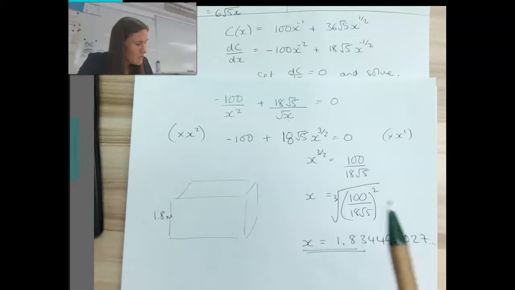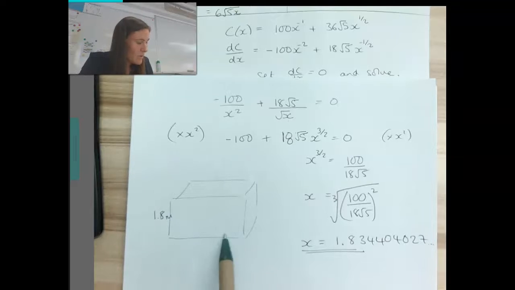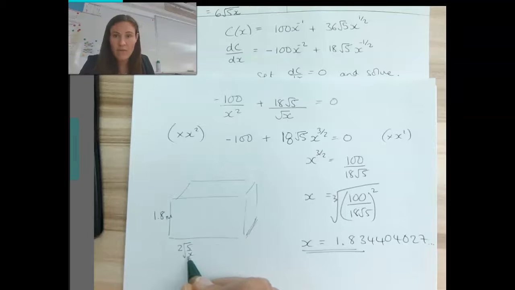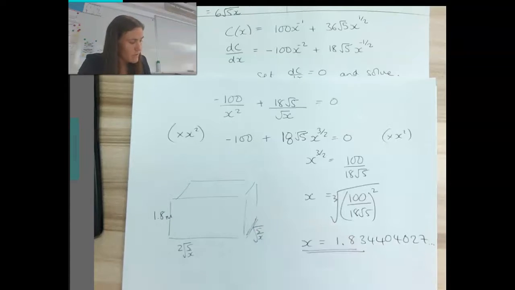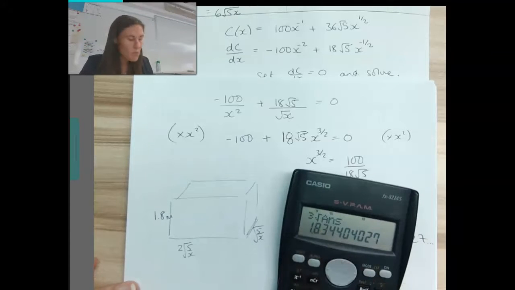Let's get an estimate for the width and the length. Let's remember that this was 2 times root 5 over x, and the other one was just root 5 over x. So I'm going to get some estimates for that to make sure I'm in the right ballpark.